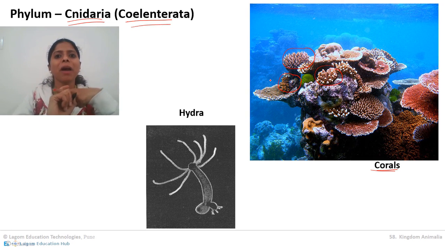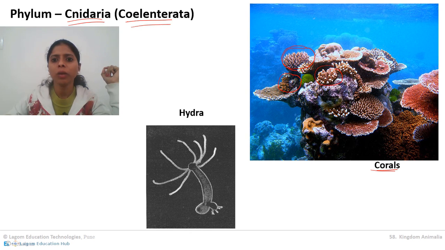The first characteristic is clear: we studied habitat. Now the next characteristic of Coelenterata is its mode of living. Here, corals are staying in colonies. So the coral mode of living is colonial.